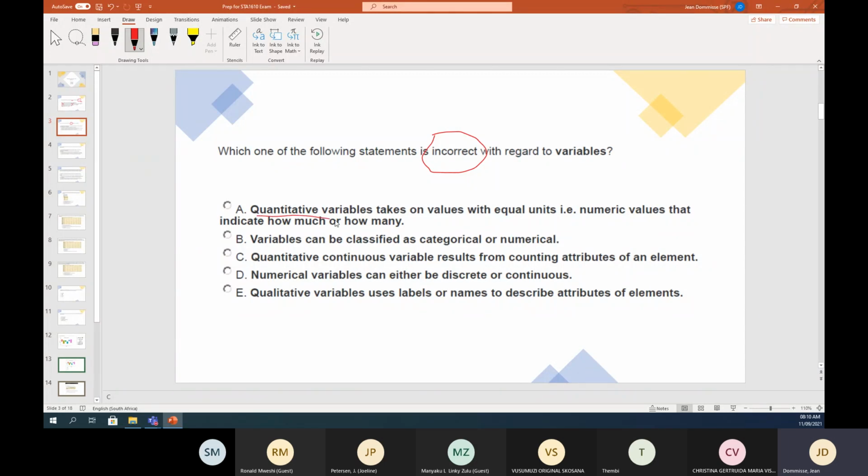Quantitative variables take on values with equal units, numeric values that indicate how much or how many. Do you agree? That's correct.